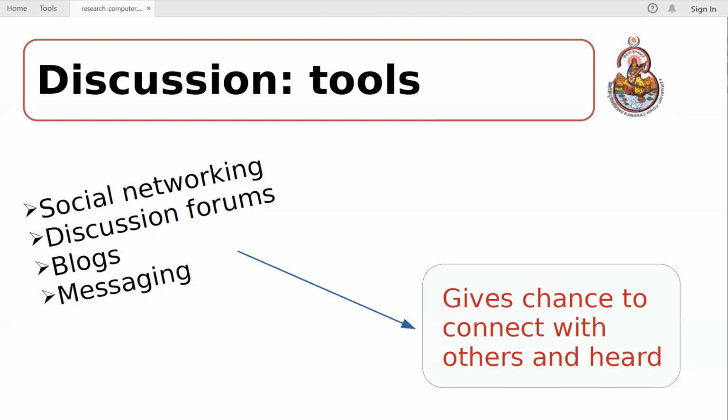The moment you write something on these tools, you get the response, you get the feedback. So it connects you to others, and connects others also to you. You can listen to them, they can also listen to you, and it makes the whole ecosystem an interactive ecosystem.